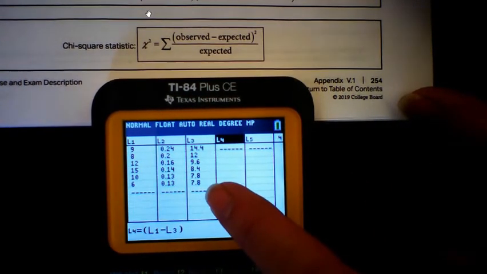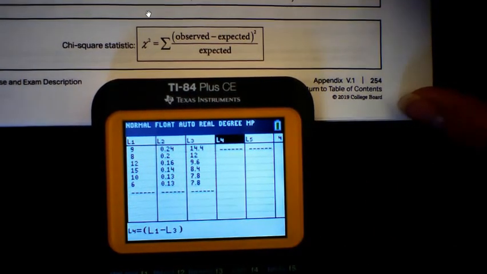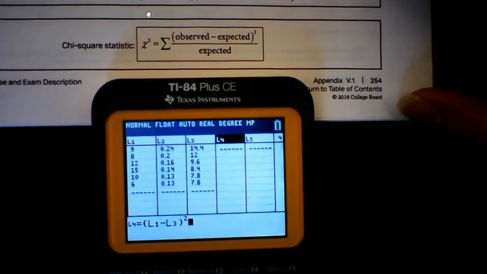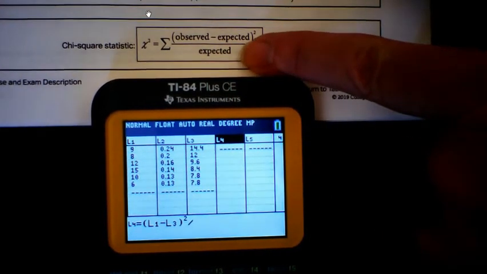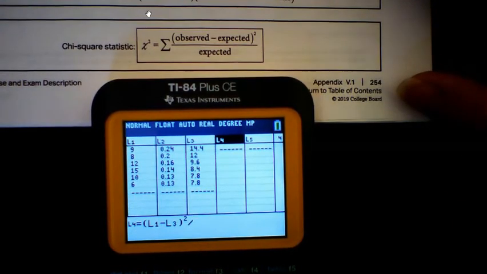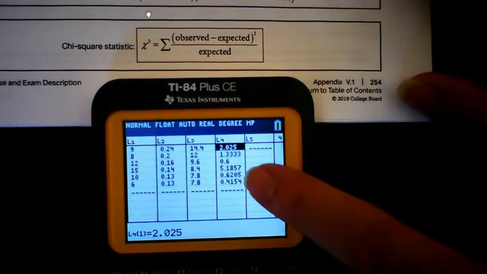You must work with counts in order to do this test. I am going to square it. Then make sure you divide by the correct thing, the expected. So let's divide by the L3 list. And those are the chi-squared contributions for this goodness of fit test.